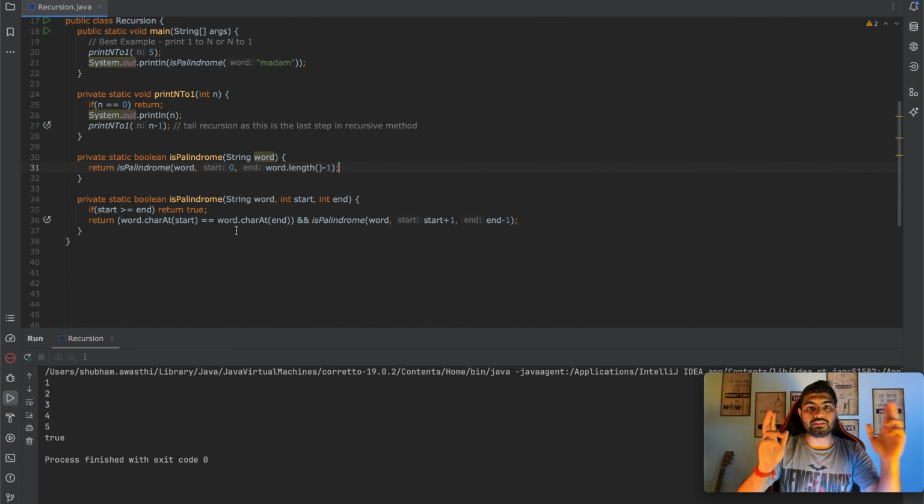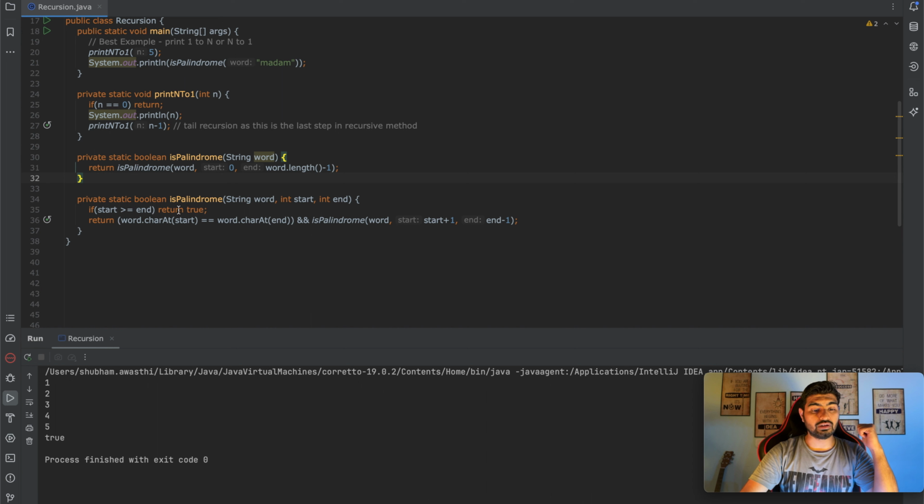And how are you doing these checks? After every single recursive call, if the first character is able to match with the last character, then you increase the index of the first character and decrease the index of the last character. Again you do the comparison, again increase the first index, again decrease the last index. It keeps on doing the comparison till it reaches the mid element, or start goes beyond the end.